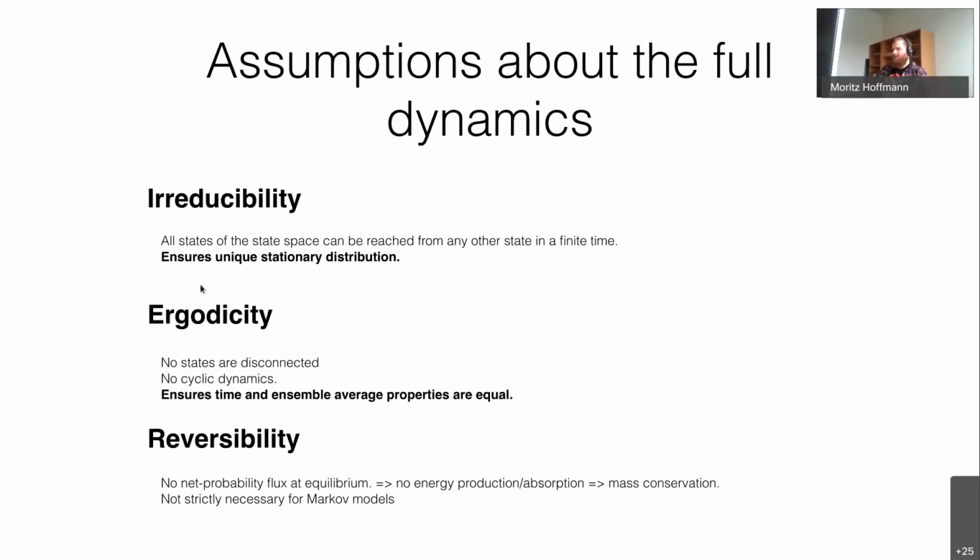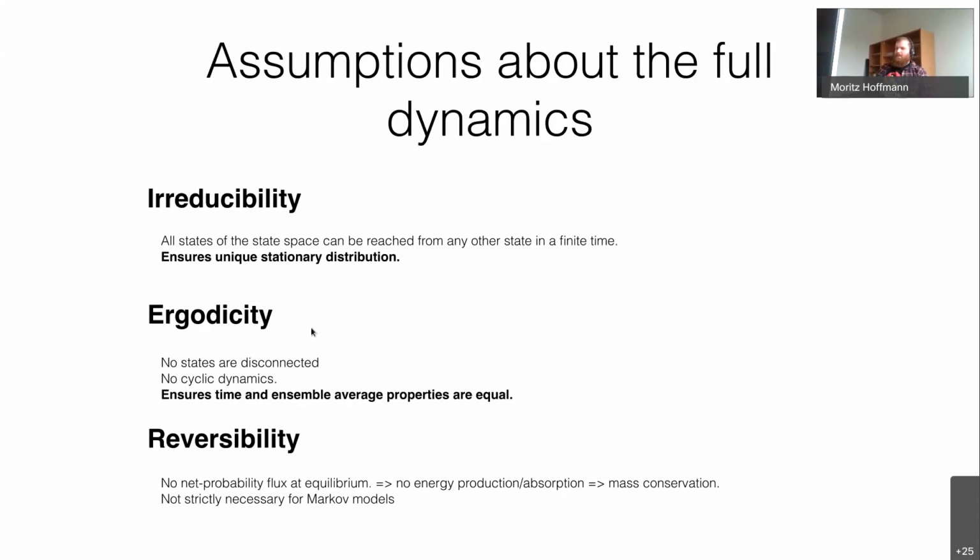And we'll talk about them later today. But for now, it is just an assumption that we make about the fold dynamics. And with this assumption, we get a unique stationary distribution. The stationary distribution is the distribution of states when the time goes to infinity. So you evolve a system and eventually you sample from the stationary distribution with respect to states.